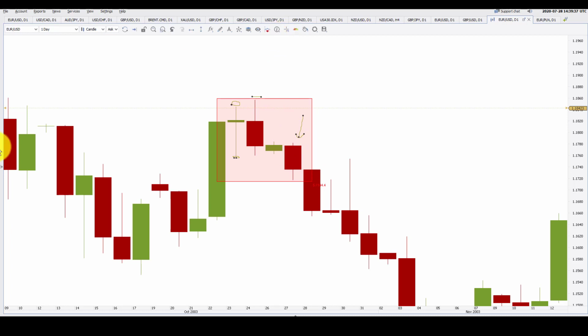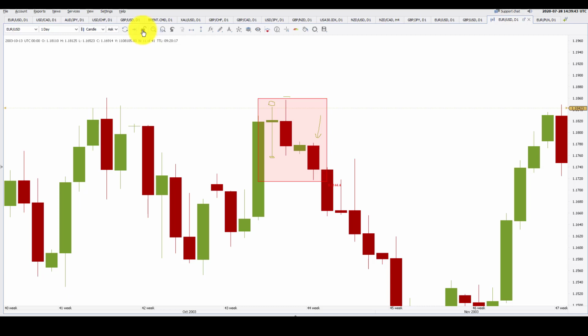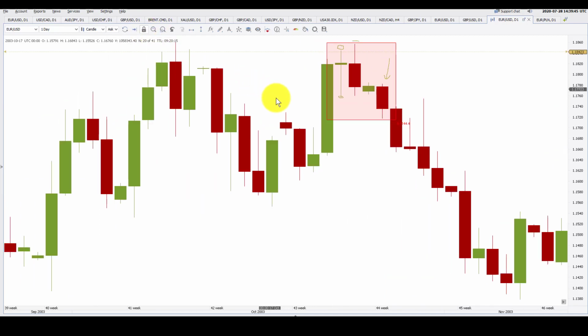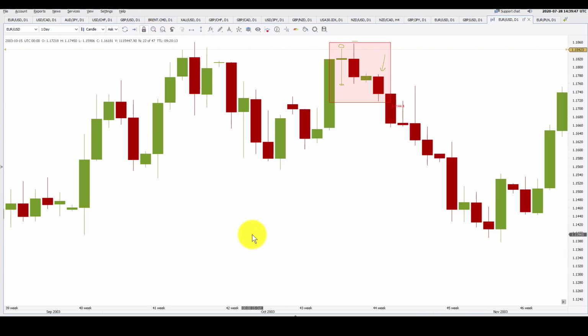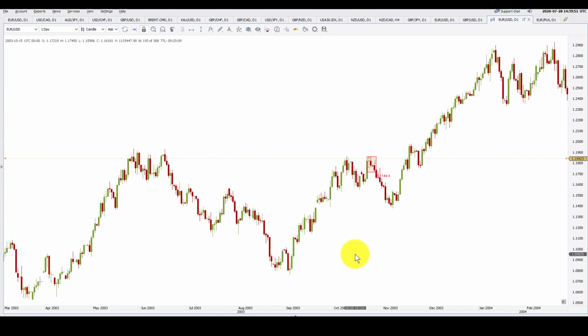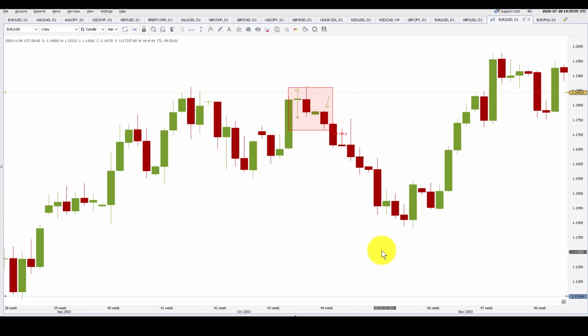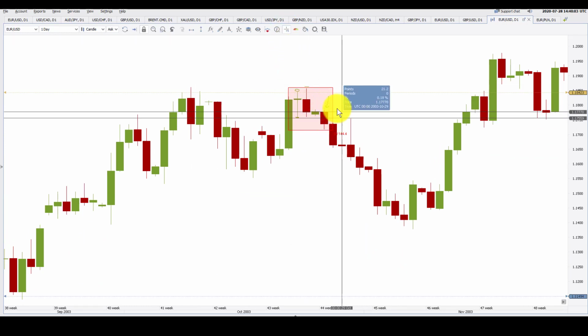I'm sorry, I forgot to mention that this is a candlestick pattern where we cannot measure the targets. We cannot measure the potential targets, but we can just see where was the potential support earlier, and based on that we can keep our targets. So this was a support zone here. In this case this is the entry point and this is the stop loss.